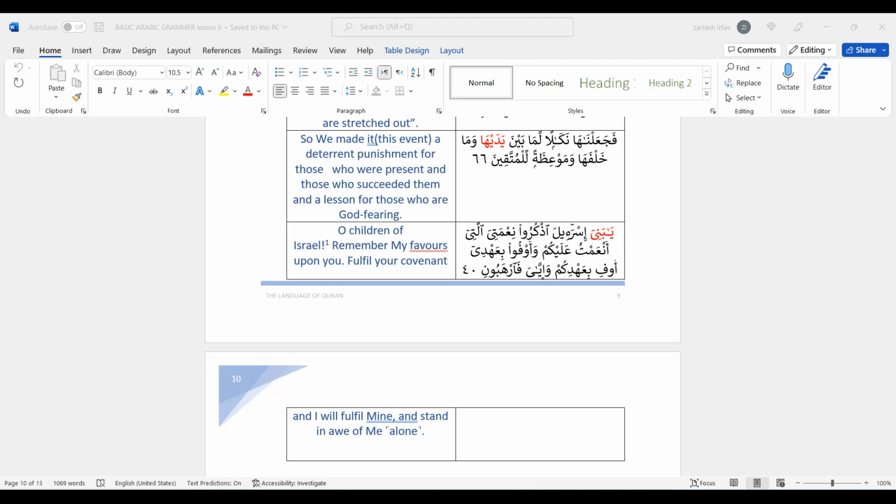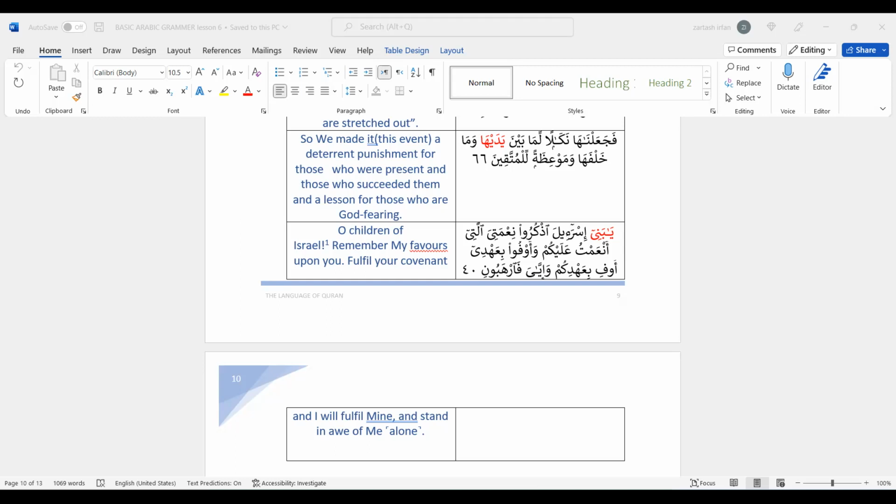And why are we not putting the tanween and the al here? As we know the rule of the mudaf, it will never have al, and it will never have tanween. In this example it is also a mudaf to the last, third noun, the mudaf ilayh.